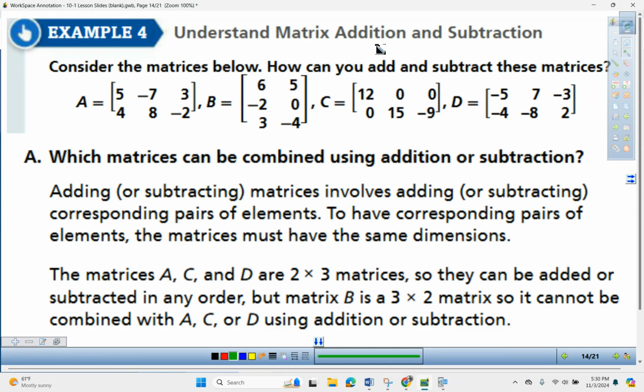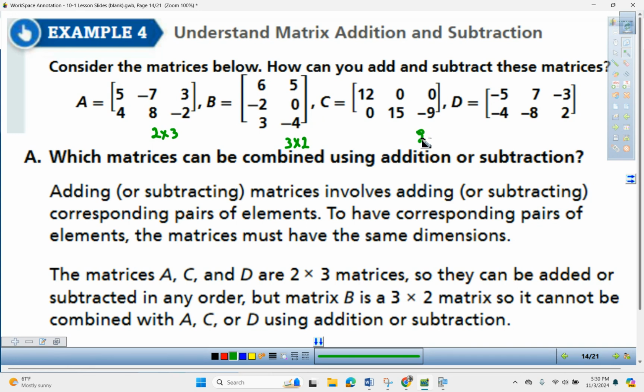Okay, understand matrix addition and subtraction. Well, we kind of already have a little bit of that, but they're going to go over a few pieces here. They're going to remind you here that matrices can be combined using addition and subtraction. However, they have to be the same dimensions. So here we see matrix A is 2 by 3. Matrix B is 3 by 2.